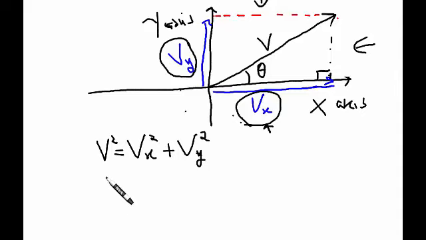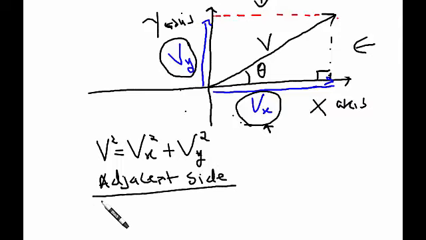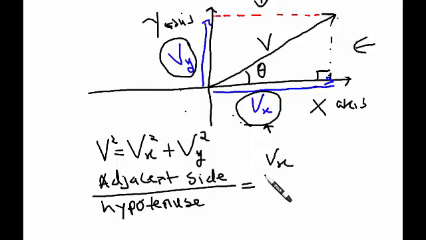Therefore, adjacent side over hypotenuse, which is vx over v, is equal to cos theta, where theta is our angle.